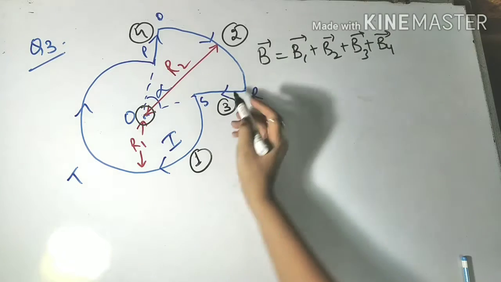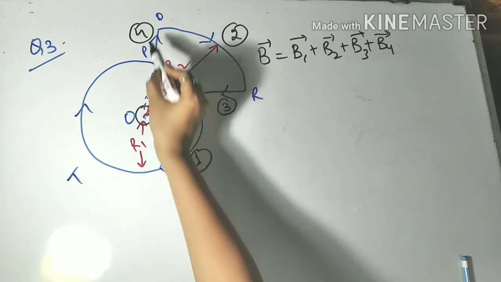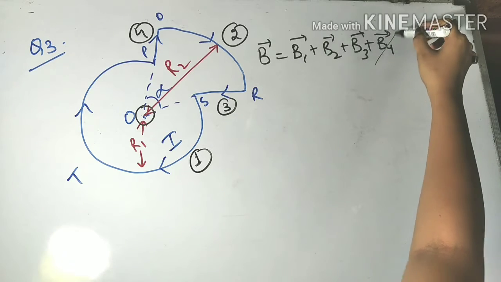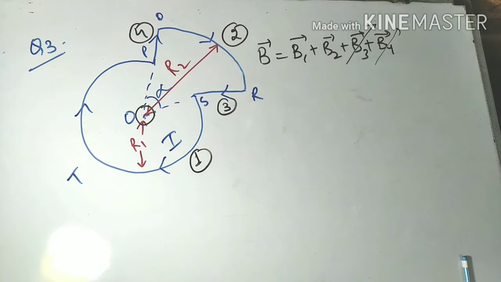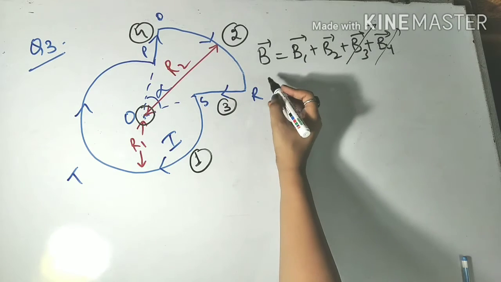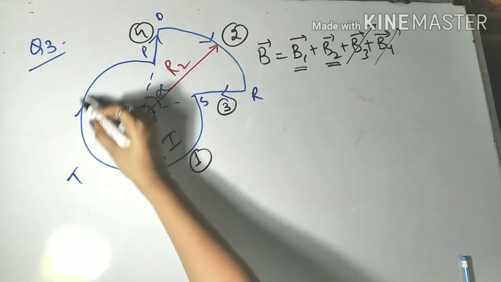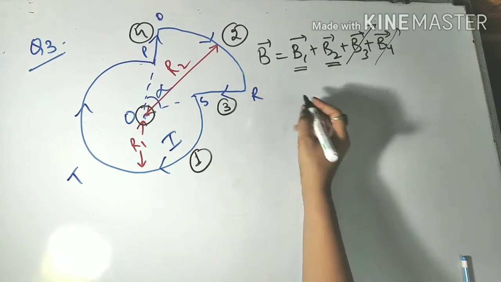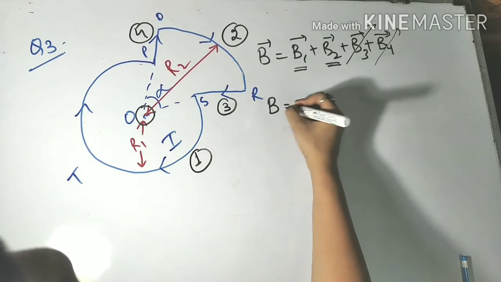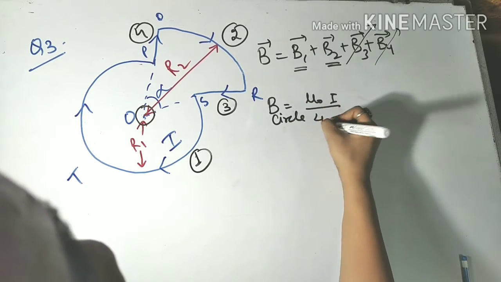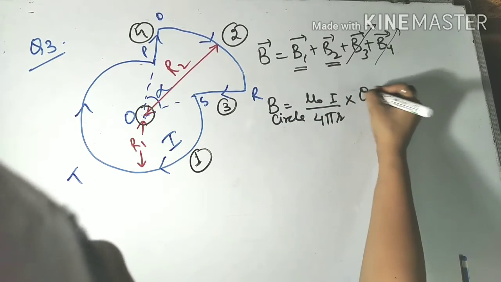But as you know, these two are going to form a straight line to the line of action of force. So this fourth and this third one vanish. So we are left over with B1 and B2. That means this circle part and this circle part. So you know that the general formula for B for a circle is mu naught I by 4 pi r into theta.